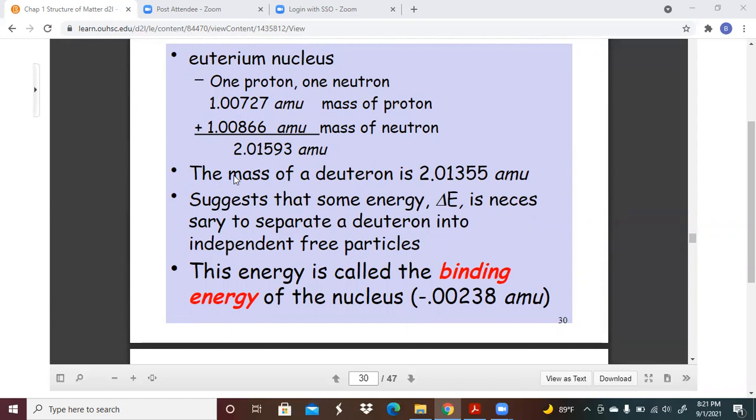If you actually were able to find a way to measure the mass of the deuteron, this would be the number of AMUs you would come up with. This is going to be different from this. And that suggests that some energy is going to be necessary to separate a deuteron into its independent free particles. That difference is going to be referred to as the binding energy.